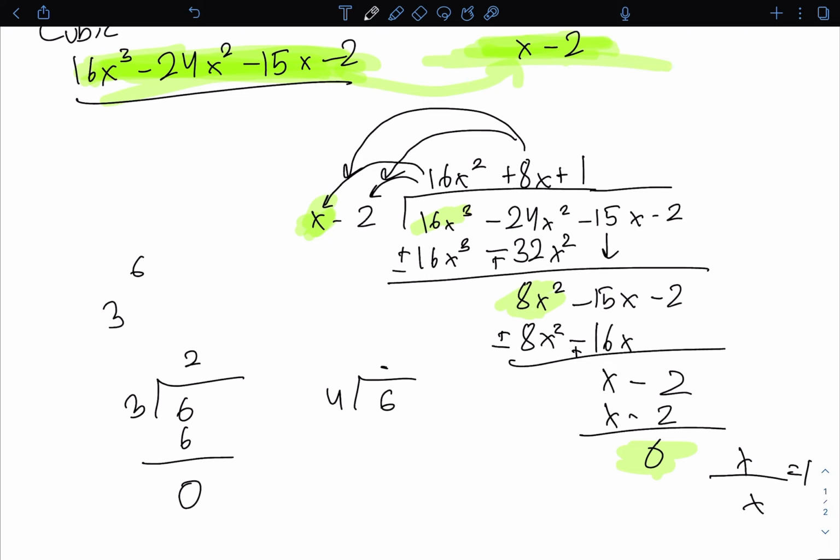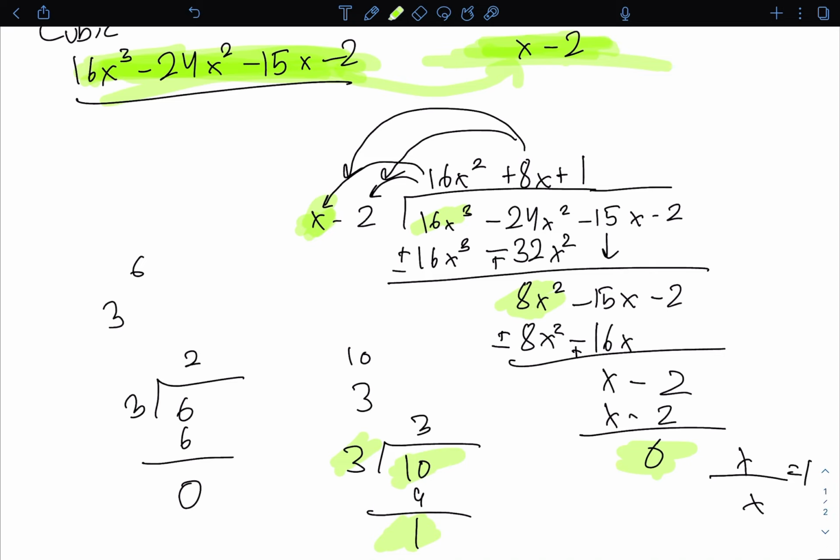I think the better way would be to choose a bigger number, just to make it easier. Like this. I can't say that 3 is a factor of 10. Why can't I say that? Because when I divide it, this will be 3, 9, and I'll get 1. This is not 0. This is a remainder. That means that 3 is not a factor of 10.